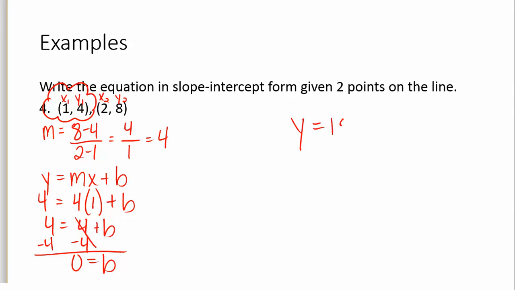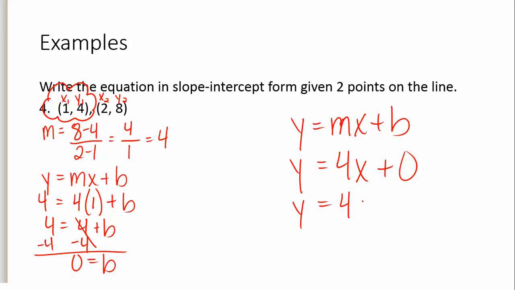And now to write the equation, mx plus b. Again, my slope was 4, so that's y equals 4x, and my y-intercept is 0. Similar to when your slope is 0, you don't actually have to write plus 0, you can just leave that part off. So again, both of these are acceptable.